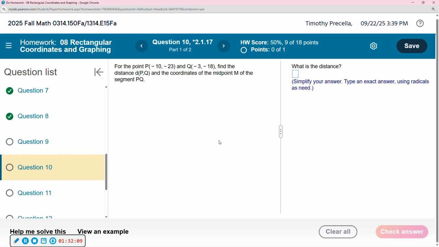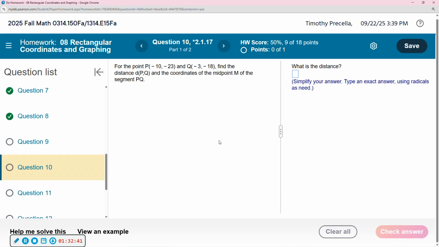It says for the point P, negative 10, comma, negative 23, and the point Q, they're giving you a lot of stuff you don't need. You don't need that P and Q. Just the two ordered pairs are all that matter. Negative 10, negative 23, negative 3, negative 18.